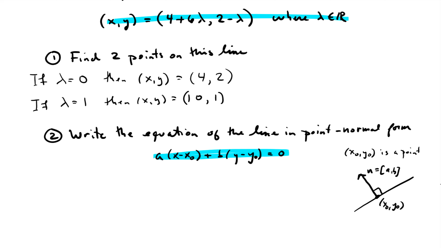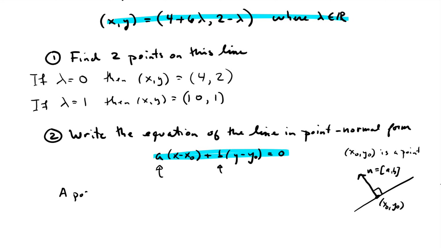Its coordinates a, b are going to be the coefficients of each term that we see in the equation. So basically, to write the equation in point normal form, you need to find a point on the line. That's easy because you did that in 1. You actually found 2. And then you need to find a vector that is perpendicular to the line. So try to solve this problem and come back.